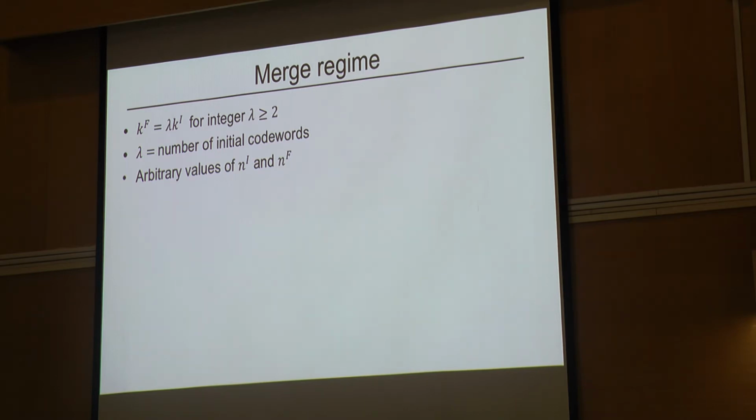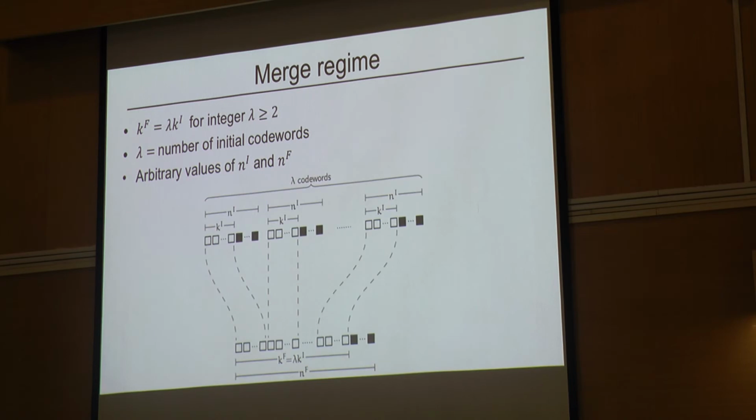And lambda captures the number of initial code words combined to create one final code word. Basically, the picture would look like this. You have lambda initial code words, and all of them are converted into one final code word. So kf is lambda times ki. Ni and nf can be arbitrary. So this is the merge regime.